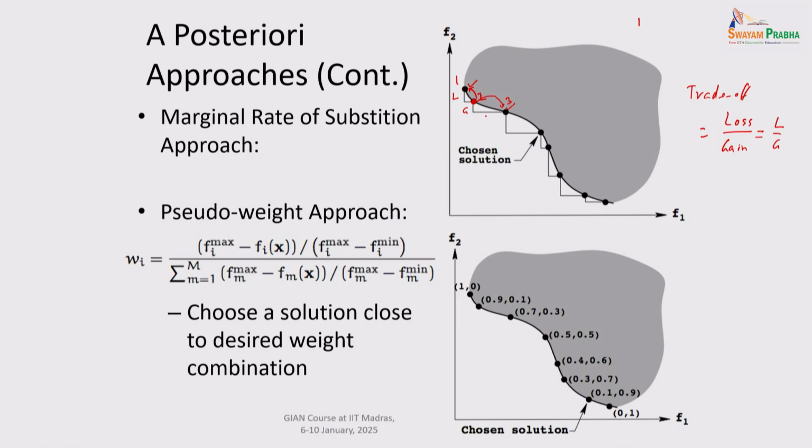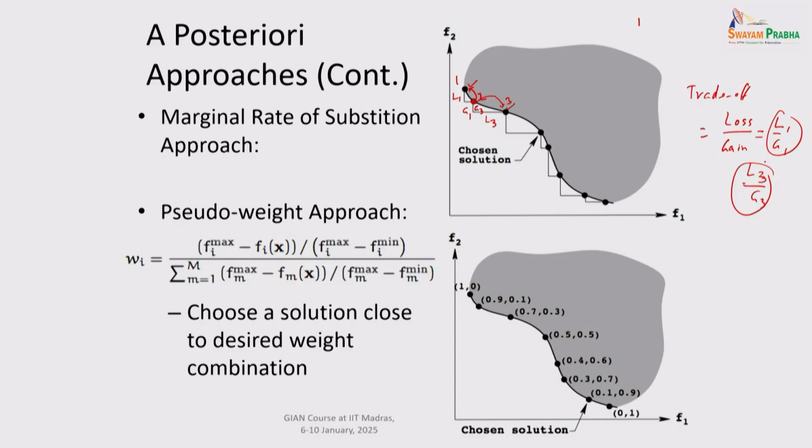F1. So this is my loss. Let's call this, moving to 1, L1 over G1, and this is L3, to move to 3, my loss, and this must be my gain in objective 2. So the other one is going to be L3 over G3. So these are two different numbers, right? One for moving to the left neighbor, another for moving to the right neighbor.